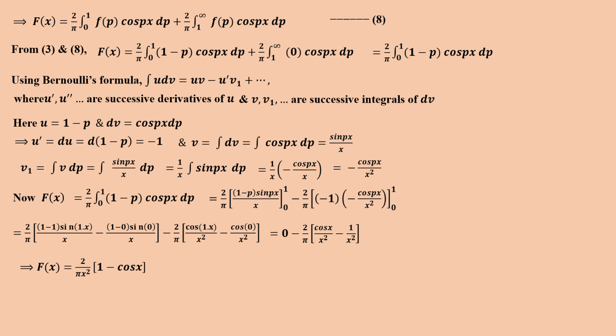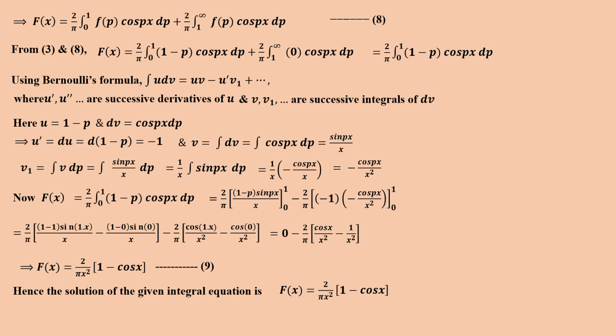Therefore capital F of x is equal to 2 divided by pi. Taking x square common, take it outside. Multiplying with minus, you will get 1 minus cos x. That is equation number 9. Hence the solution of the given integral equation is f of x is equal to 2 divided by pi x square times (1 minus cos x).